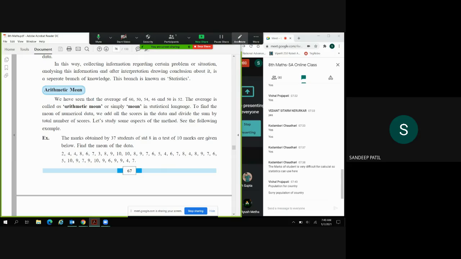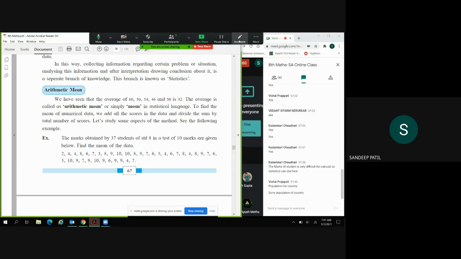There are some more examples. If you don't understand something, apps will prompt you, and they use these statistical tools to understand you better. They will provide you video, they will provide you animation. Such things can be done with the help of statistics for the betterment of the students.